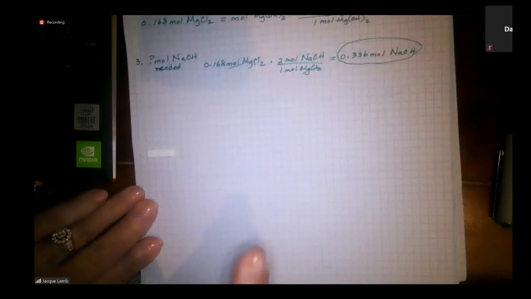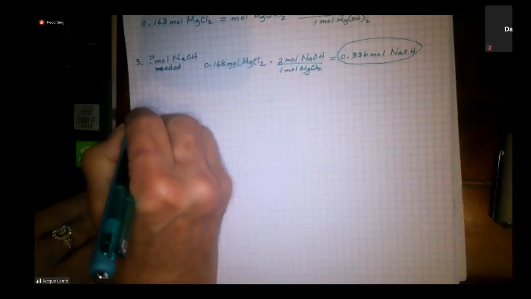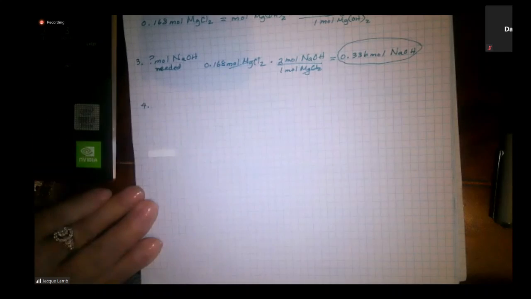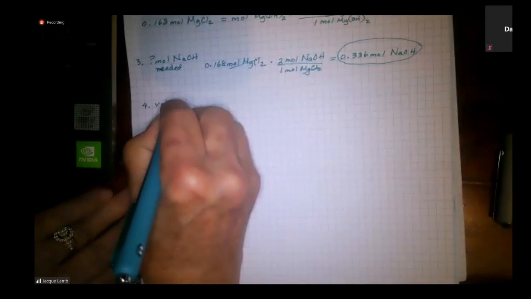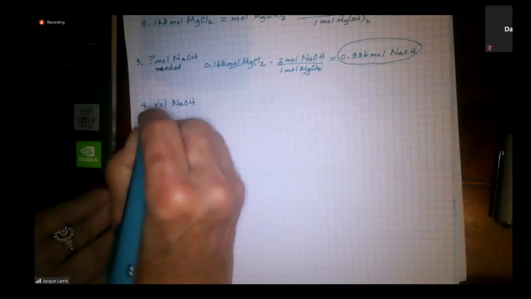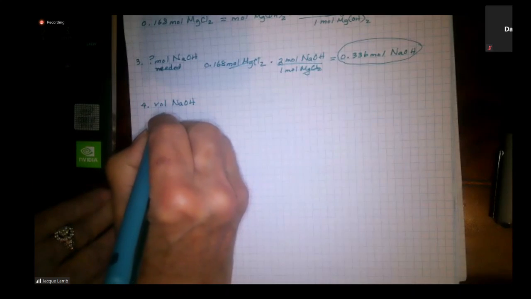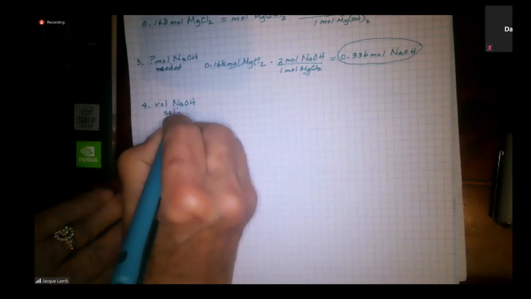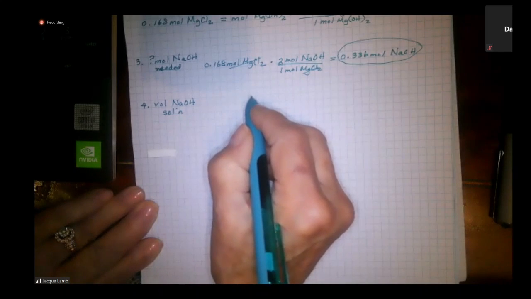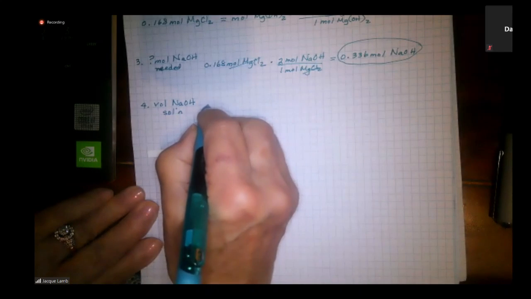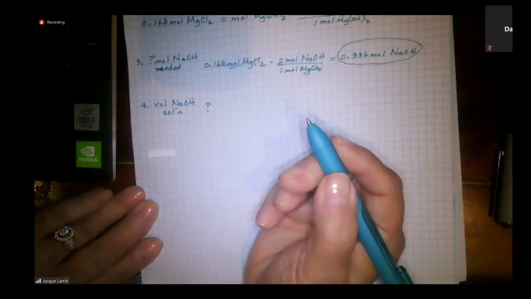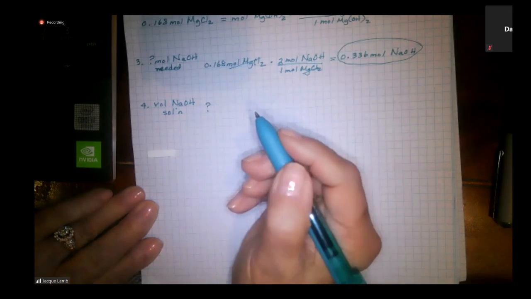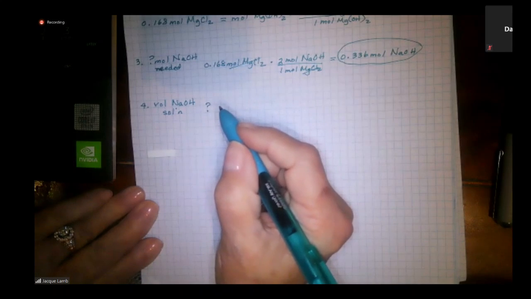The fourth thing I was asked, and this is where we can get into volume, is the volume of the NaOH solution that's needed. So I'm going to write this as the question: how many liters of NaOH? You can do this as liters or milliliters. It really doesn't matter as long as you use the right units on your conversion factor.